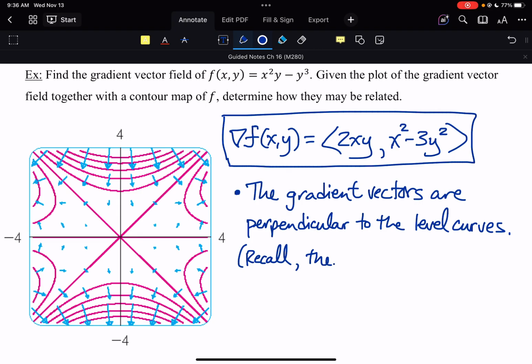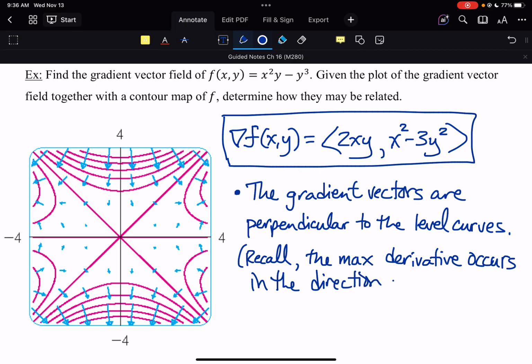So the max derivative occurs in the direction of grad f. And think about what these level curves mean. The level curves are changes in altitude, changes in height. As we go from here to here and then to here, the height is increasing or decreasing.